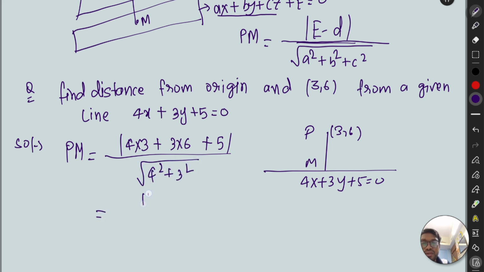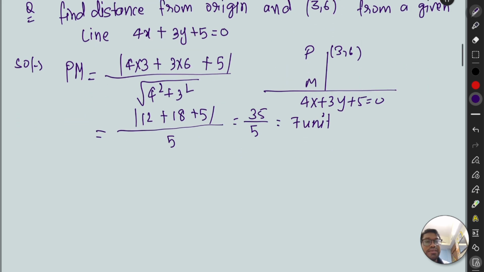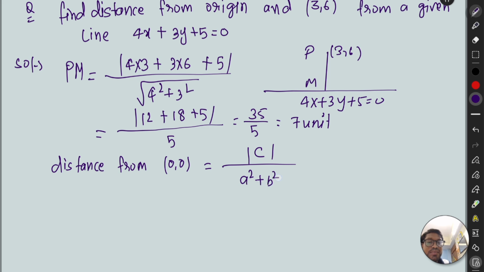That is 12 plus 18 plus 5, modulus, divided by 5, which is 35 divided by 5, that is 7 units. And the distance from the origin will be the constant term divided by square root of a square plus b square.